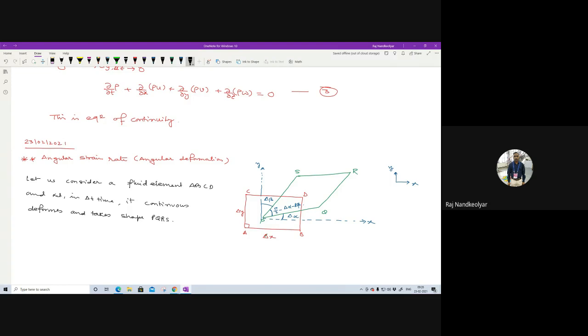So we are interested in the angle between PQ and RS.